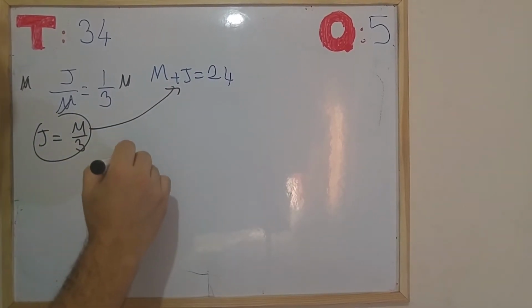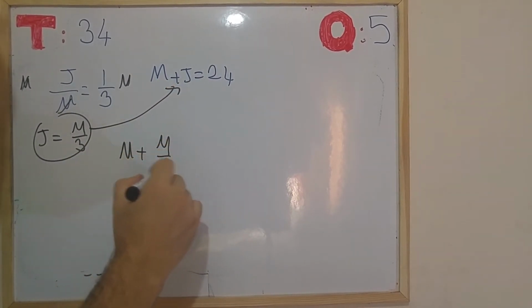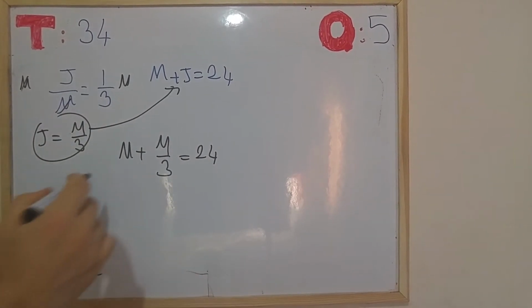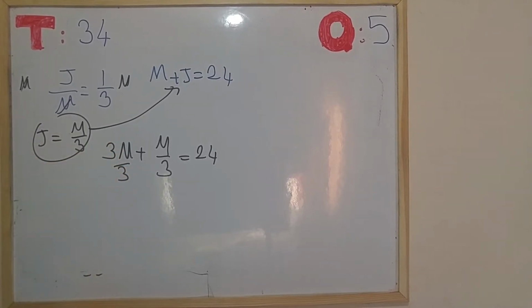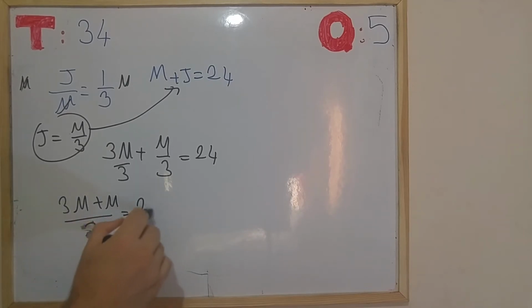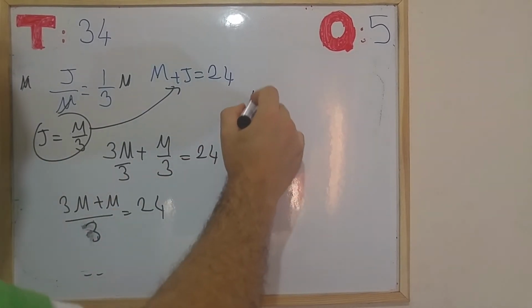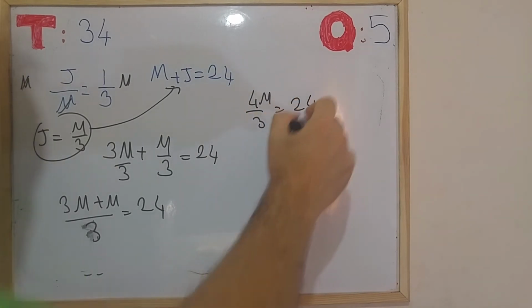What I have is m plus, instead of j, now I'm going to write m/3 is equal to 24. When I expand m by 3, I multiply numerator and denominator by 3. So what I have is 3m plus m over 3 is equal to 24, which means that 4m/3 is equal to 24.